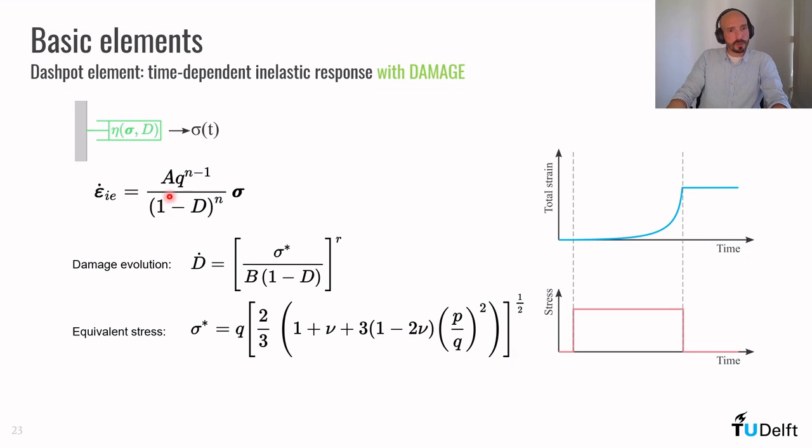Now, to compute the strain rate of this damage, we need to compute damage, and damage is given by this expression here. To calculate this damage value, we can solve this ordinary differential equation. It can be solved analytically if we know the stress. If the stress is constant, this has an analytical solution.